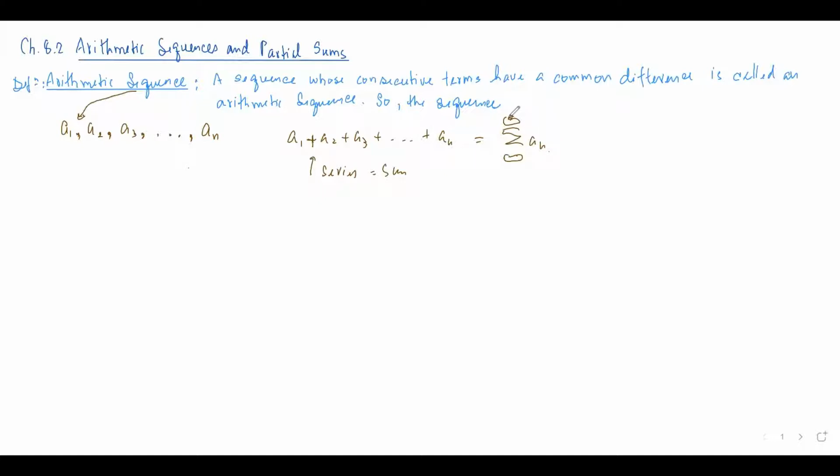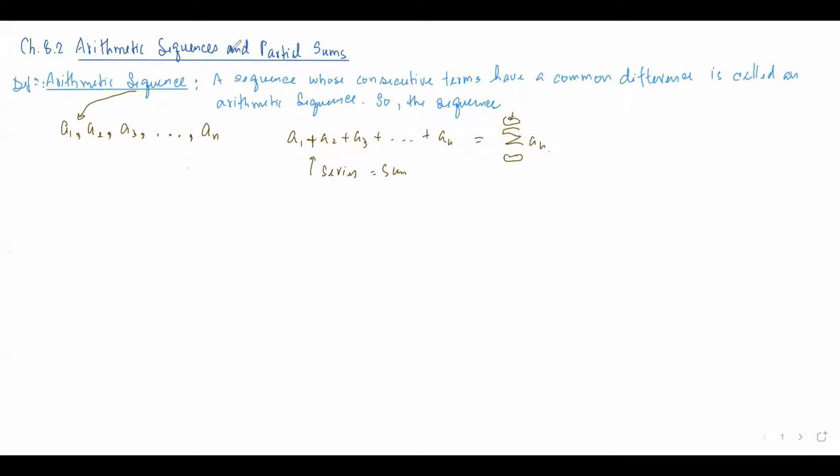So it's the upper and the lower. If you want to find the number of terms, you take the upper limit of summation minus the lower limit of summation, and then plus 1. You will get the number of terms.